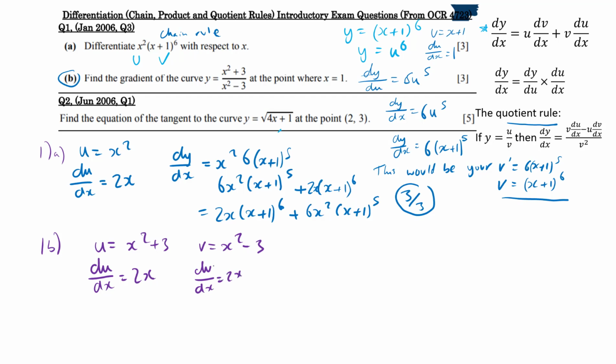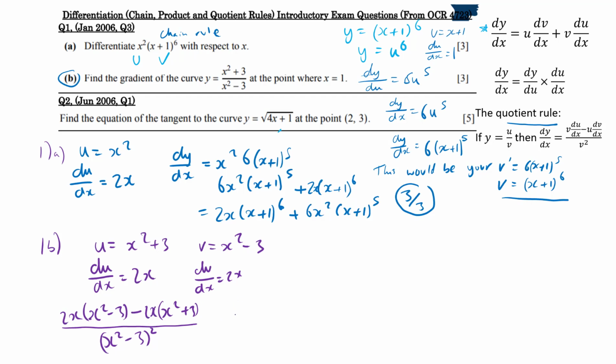Just apply the quotient rule, so we get v du dx, that's (x squared minus 3) times 2x, minus u dv dx, (x squared plus 3) times 2x, all over v squared, which you can just leave as (x squared minus 3) all squared, and it says at the point where x equals 1.